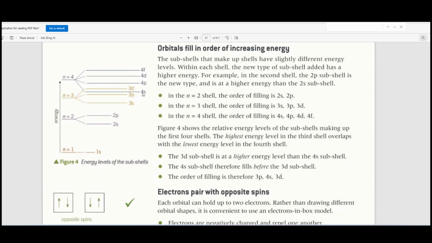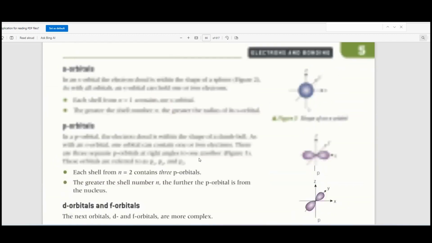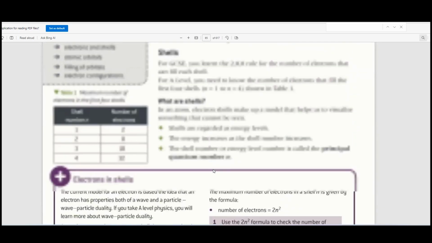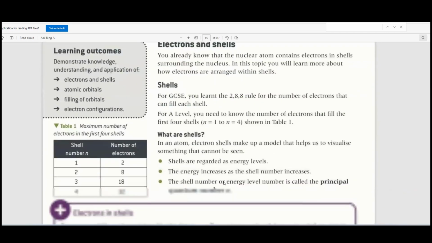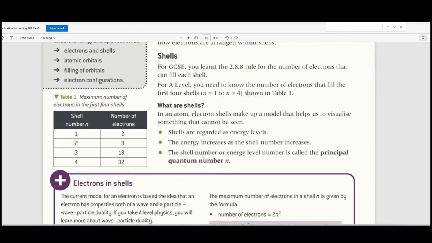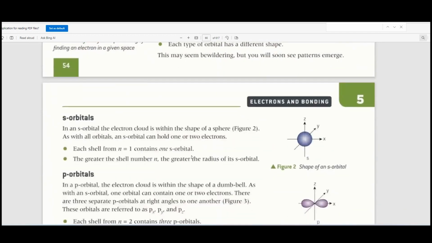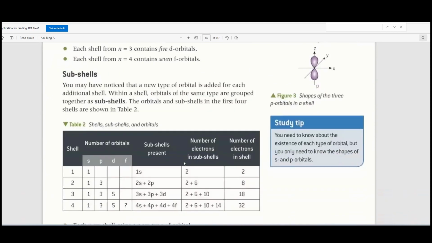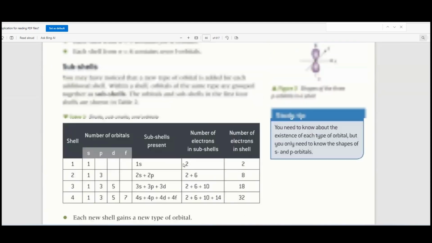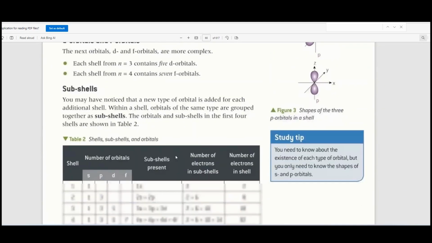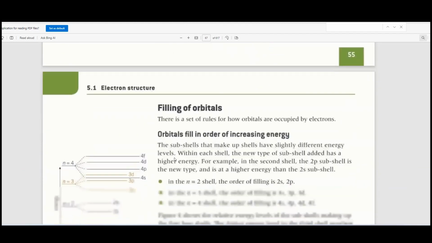We know that it should be in shell 4, which was also called, what were they calling shells? Energy levels, or some quantum number, the shell number or energy level. Principal, yeah. So energy level number. So the energy level number for 4s is greater than 3D, right? But still it has less energy. So I don't know why that is.